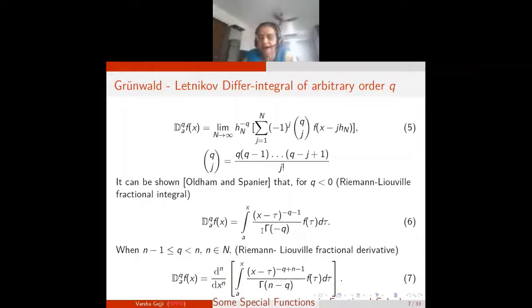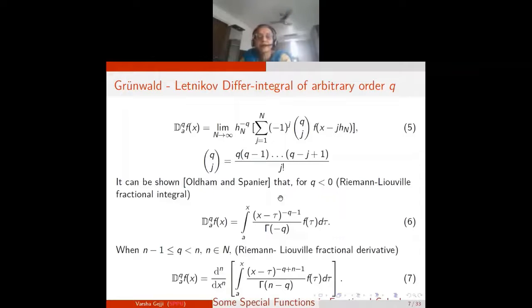I'm not going into those details here because a lot of analysis comes into play, which I am keeping aside. I'm just trying to motivate these young students about fractional calculus and how these special functions are coming up in this area.